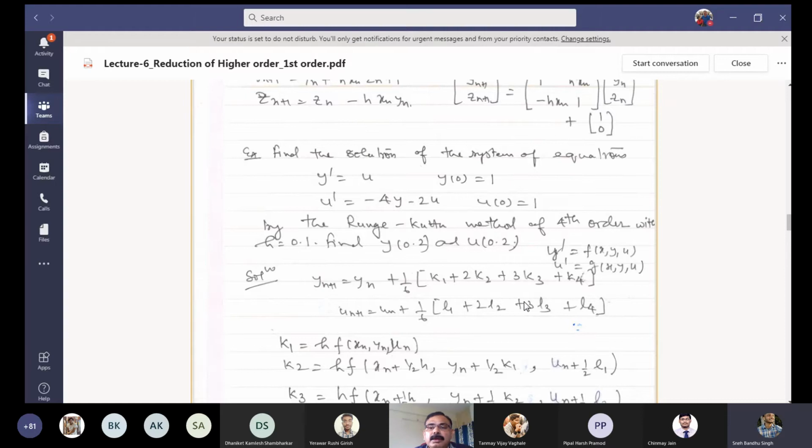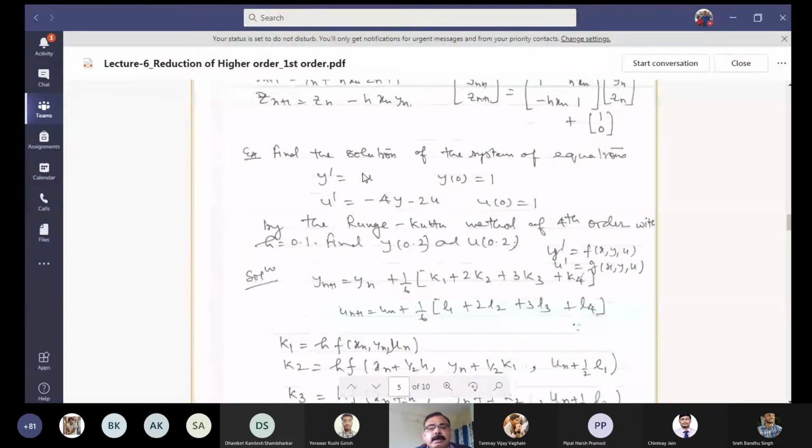Okay. So in general, there are two equations, y prime equal to f of x, y, u. It depends on y as well as u, both. For example, the second one, u prime, depends on y and u both.